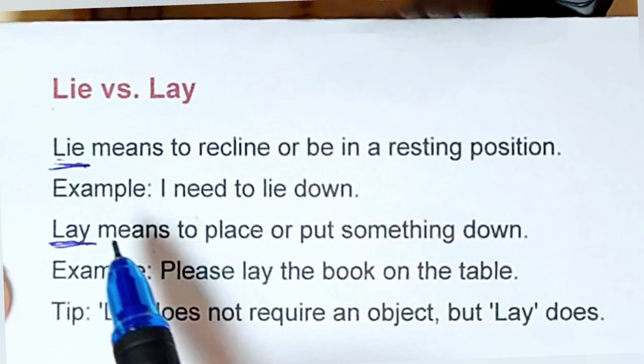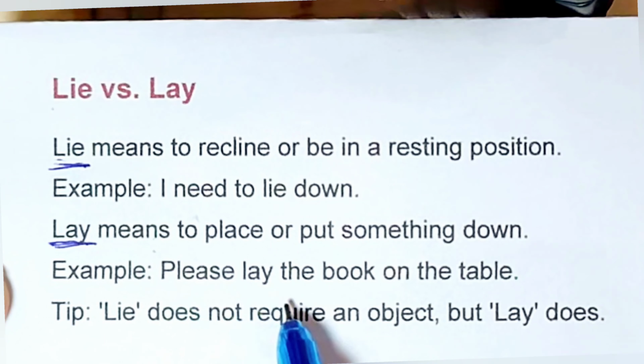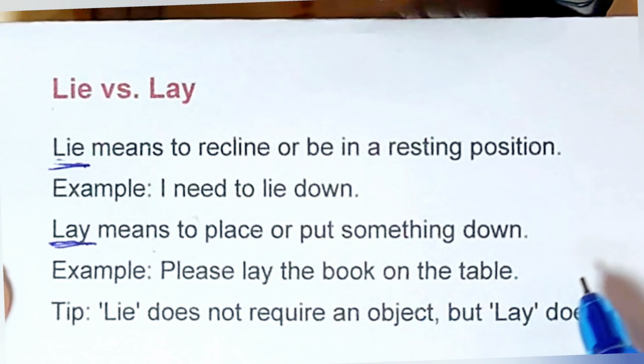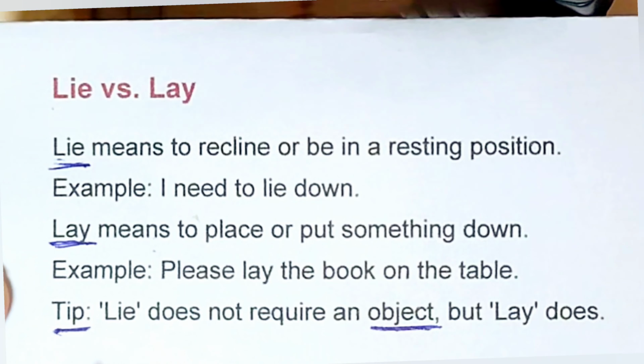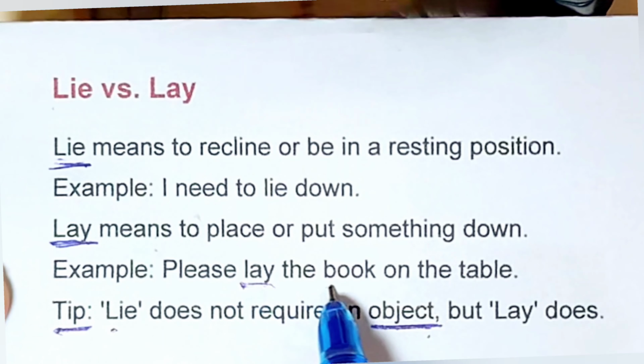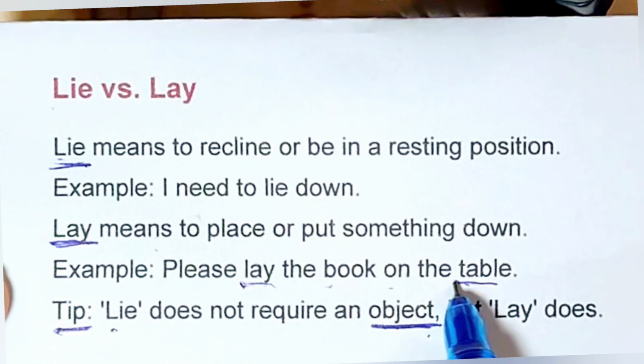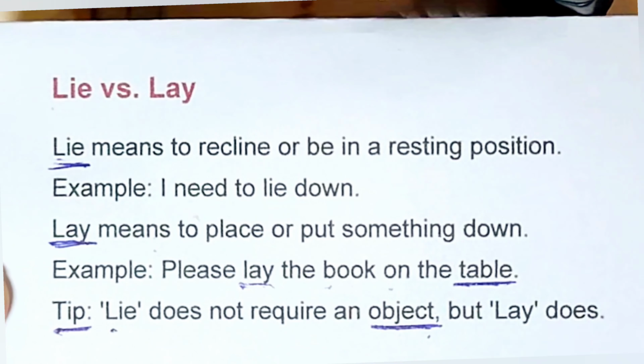An example for lay: please lay the book on the table. Tip for you here: lie does not require an object, but lay does. Lay requires an object. For example, please lay the book on the table. The table is the object here.